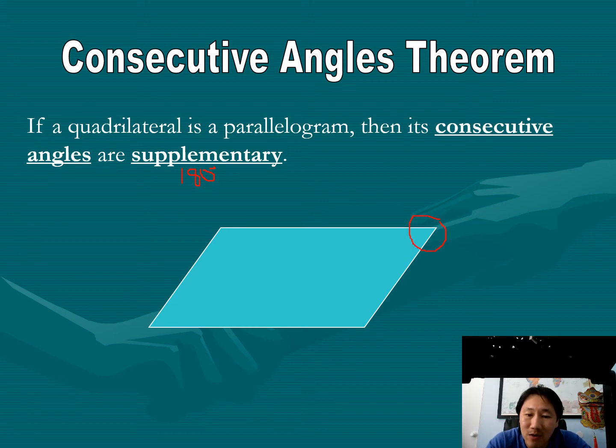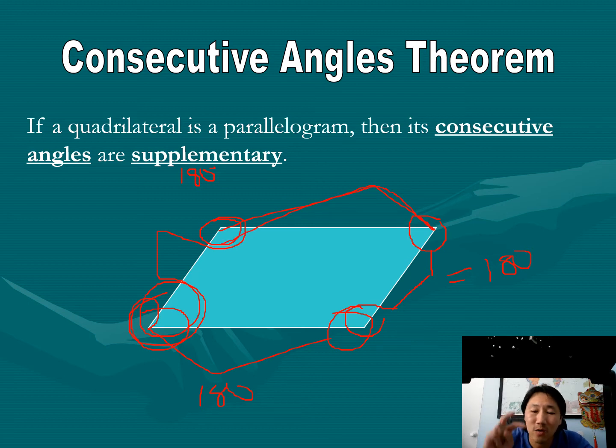This angle right next to this angle, they have to add up to 180. Not only that, this angle with this angle needs to add up to 180. And then around the circle, this angle with this angle need to add up to 180, and then these two have to add up to 180. All right, so two in a row have to add up to 180.